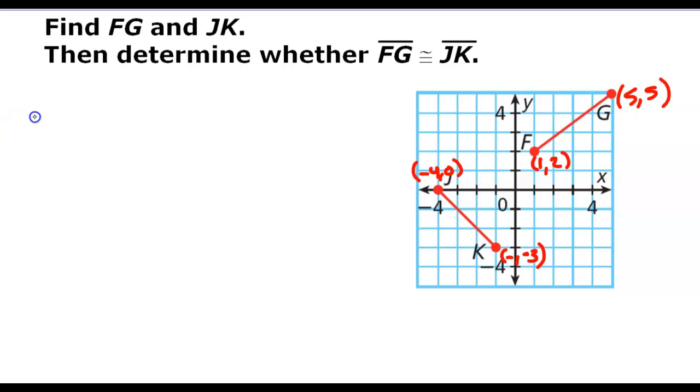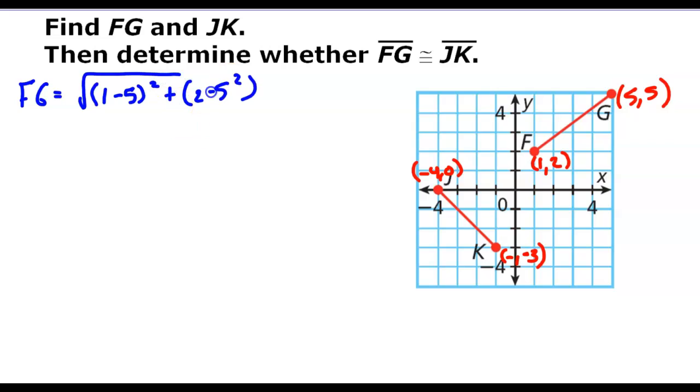Find FG. So the distance of FG is, we take FG, which is 1, 2. So we take 1 minus 5. And it doesn't really matter which one you call 1 and 2. I can call this one 1, call this one 2, as long as you're consistent. Plus, so notice I use this one first, so I use 2 minus 5.